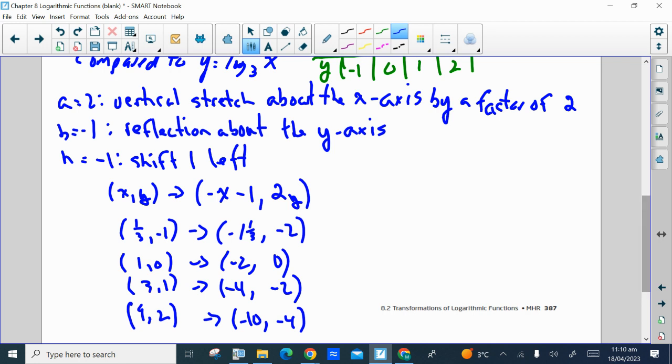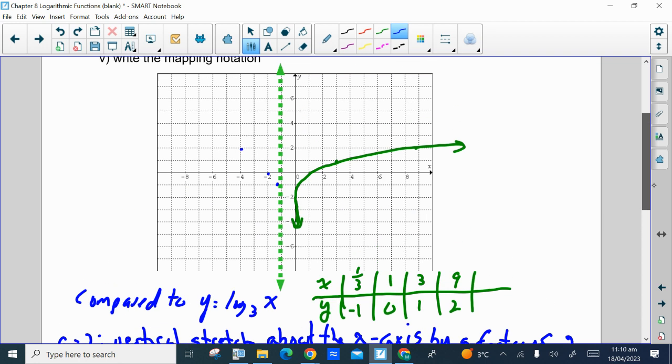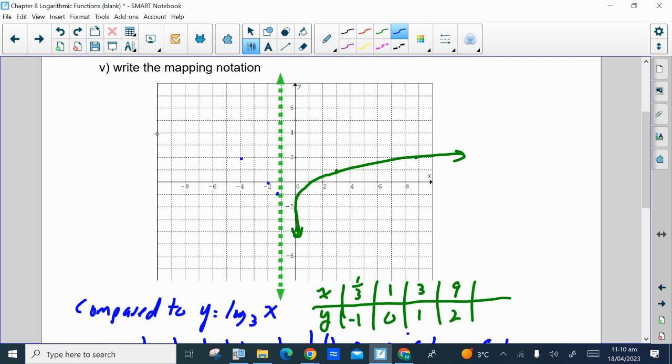You're multiplying the y values by +2, not -2. So (-4, 2), and (-10, 4). So there's our new graph.